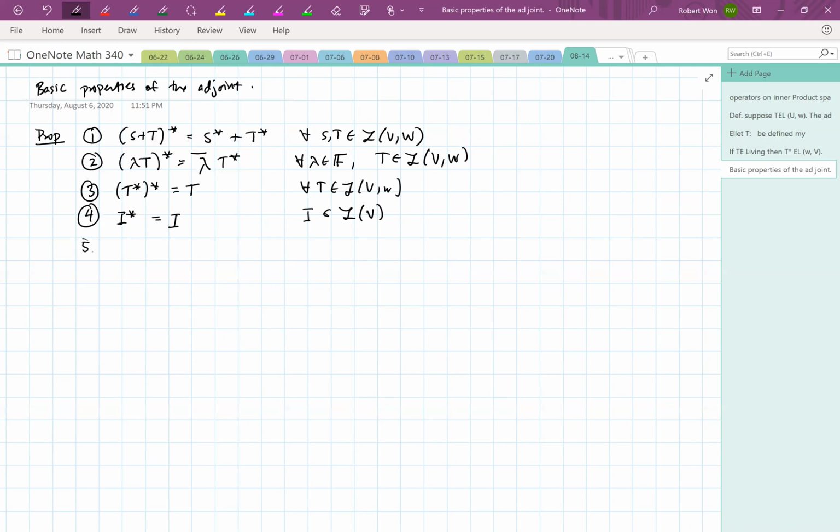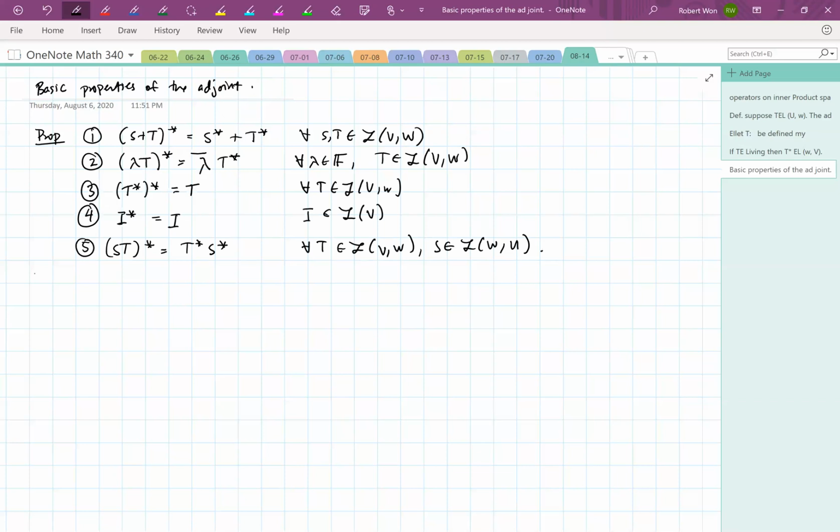And then 5, if you take the composition and you take the adjoint, it's the same thing as composing the adjoints in the opposite order. This is for all T in L(V,W) and S in L(W,U). So these are some very basic properties of the adjoint, all of which are easy enough to remember, except you need to really remember that when you pull a scalar out of an adjoint, you need to make sure to take the complex conjugate of the scalar.